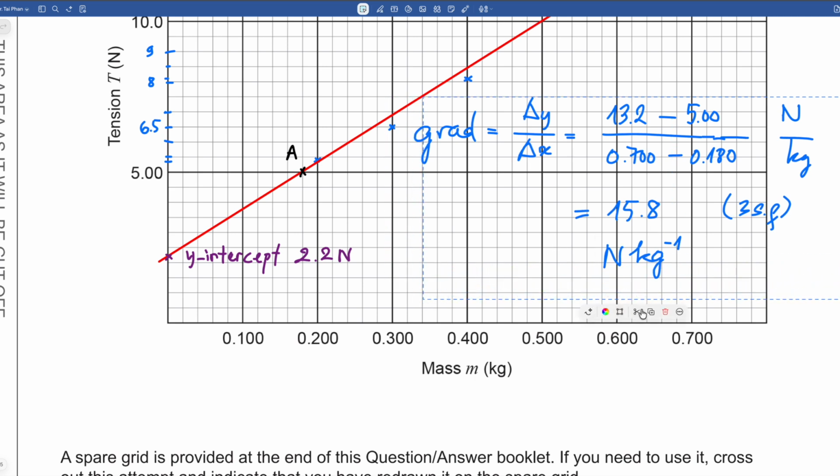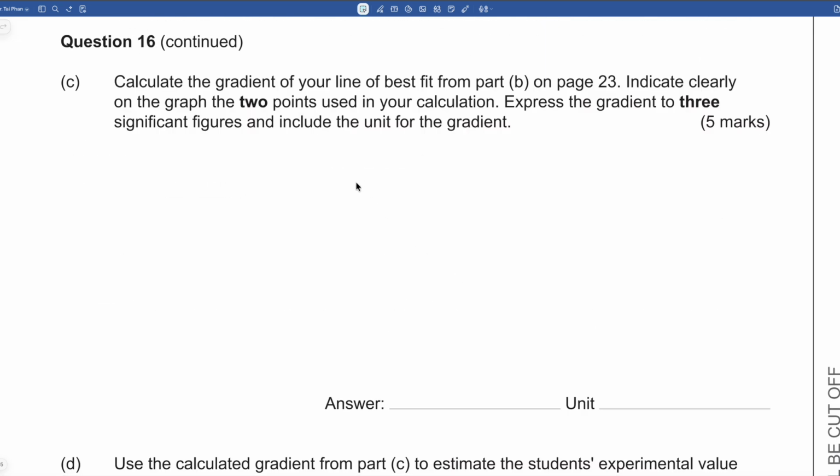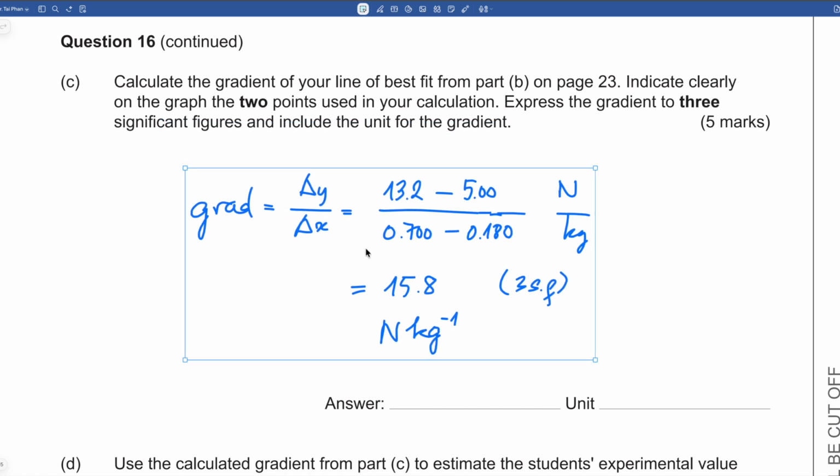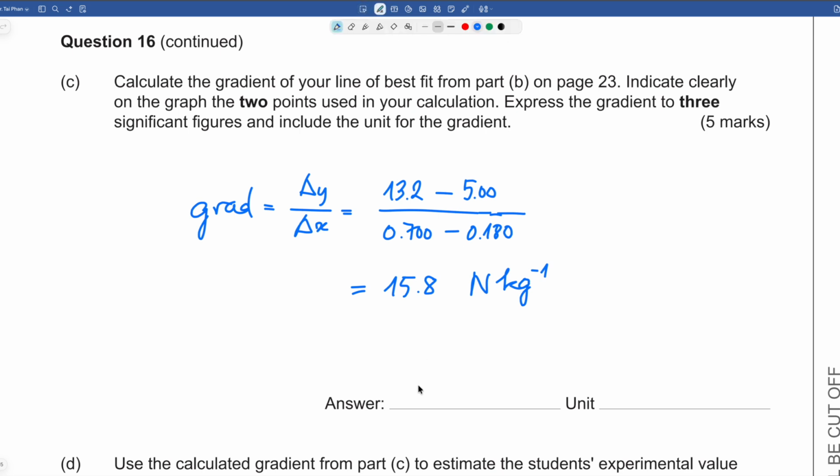Okay, let me cut the solution down here. Let me move the unit here. Newton per kilogram is the answer. And do not forget to write the final answer, 15.8 in the blank space.